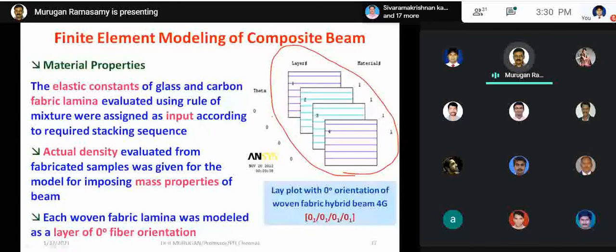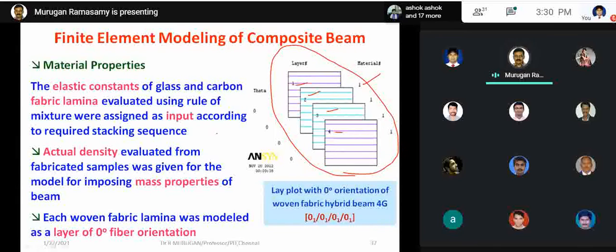Up to 250 layers we can add using this element, so there are many facilities available. Because we used only 4 layers in our laminate, here we are showing 4 layers. All 4 layers can be either glass or carbon, a 4-layer laminate.